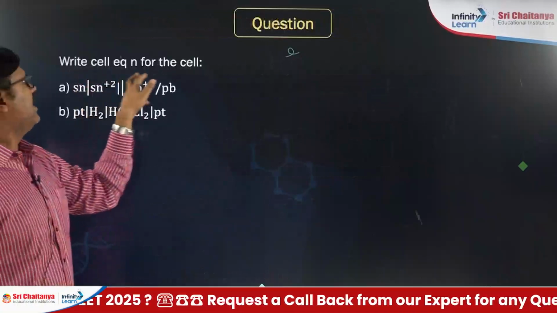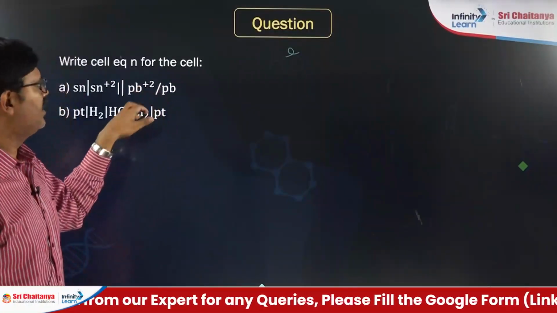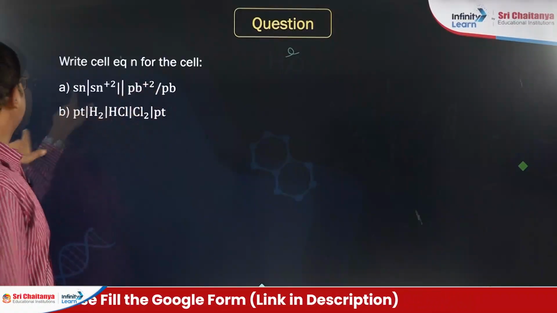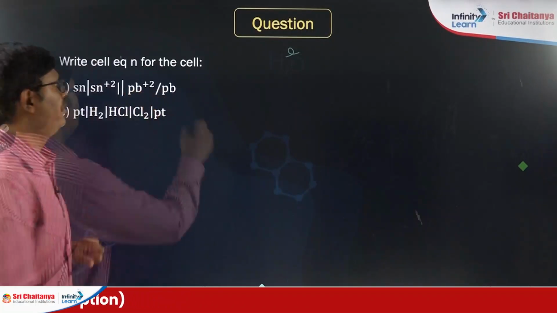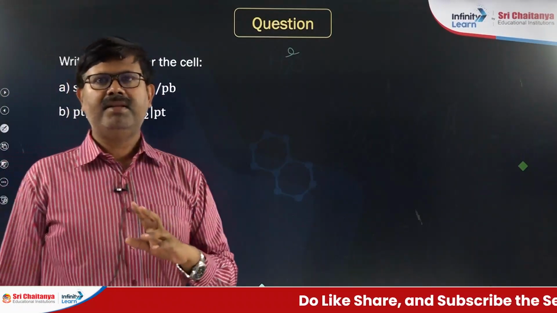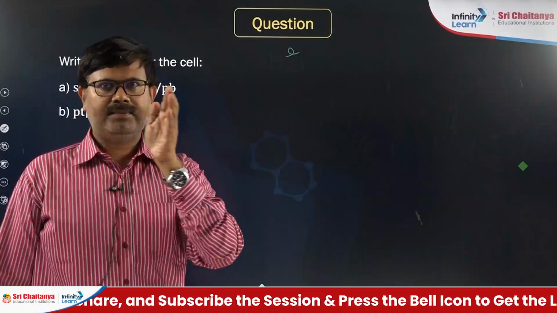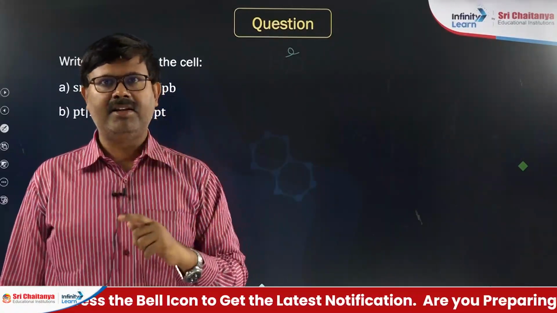Next, write the cell equation for the cell. From these two examples, let's see how to write the cell equation. This is the notation of the galvanic cell. Sn/Sn plus 2 is the anode information, and this is the cathode. Remember one shortcut using which you can easily write the cell equation: just follow the left to right direction to write the balanced equation.